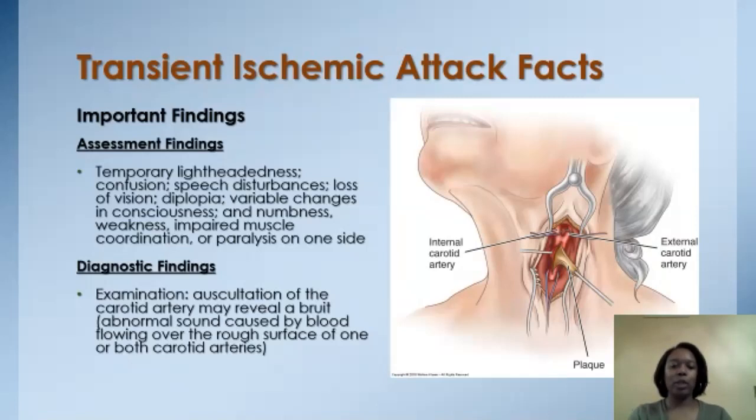One of the clinical assessments that can determine a TIA is auscultating the carotid artery. If a bruit is noted, then it is quite a possibility that a TIA is pending or has occurred.